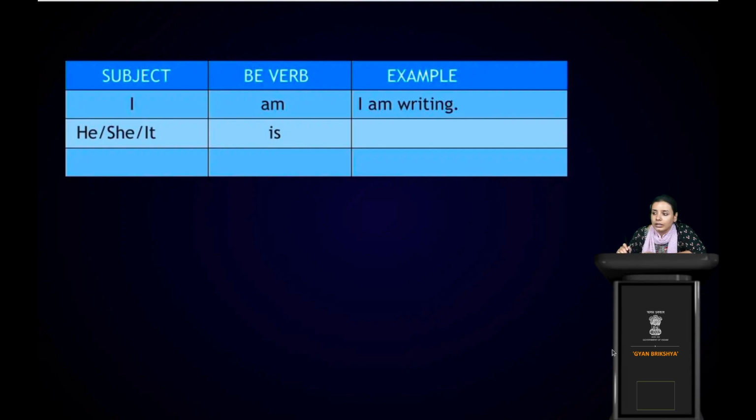Then we have we, you, they. These are plural form, right? These are plural form, so we have to use are. Then we, you, they are writing.